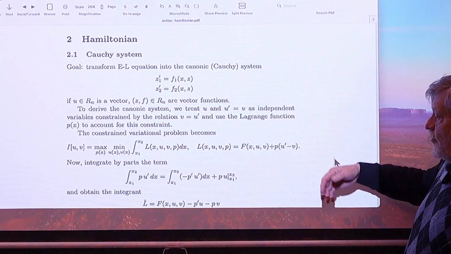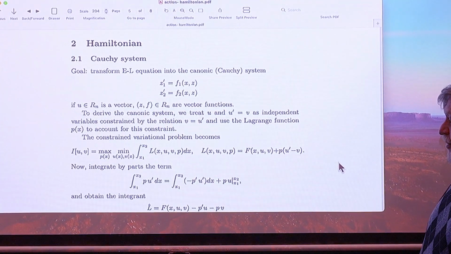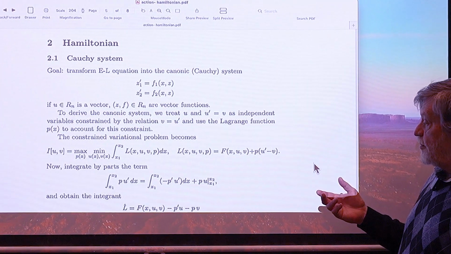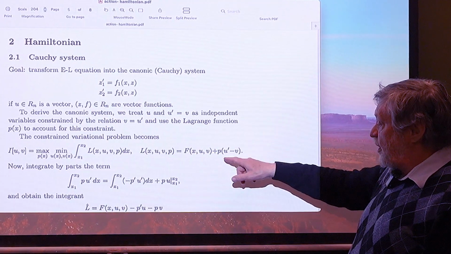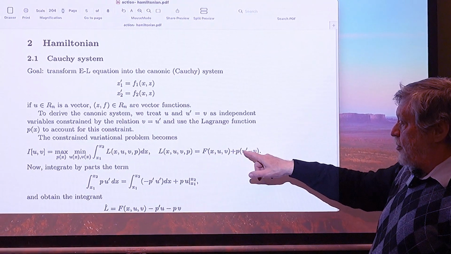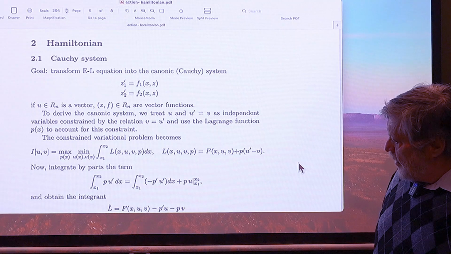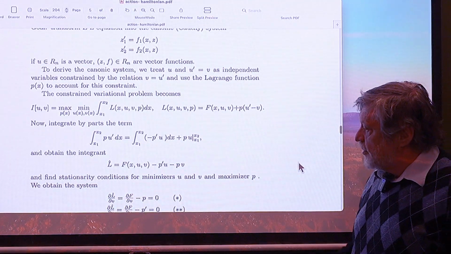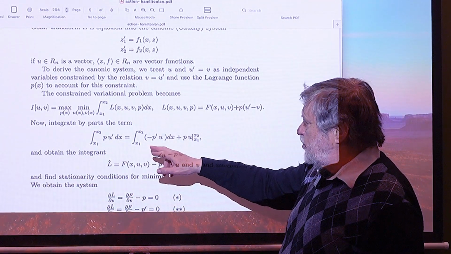So this is an equivalent form, and when we analyze the problem, it is convenient to integrate by parts this first term p u prime, and we will have minus p prime u.